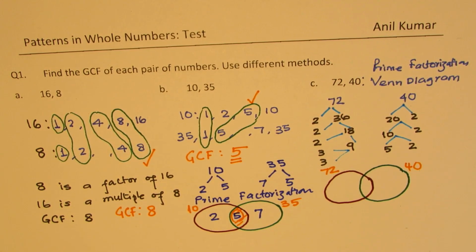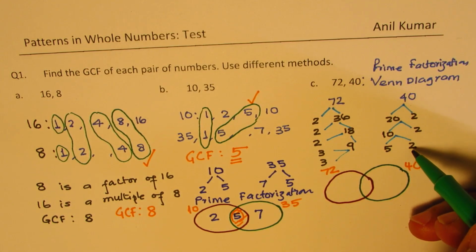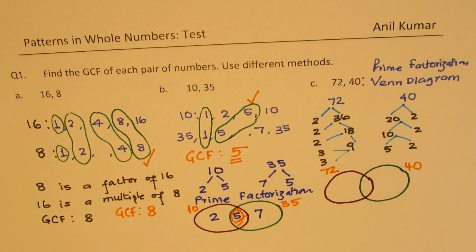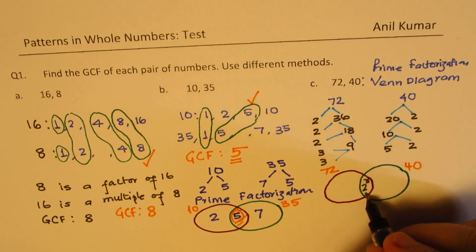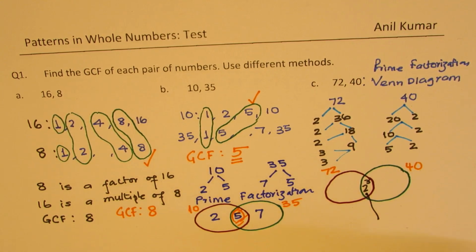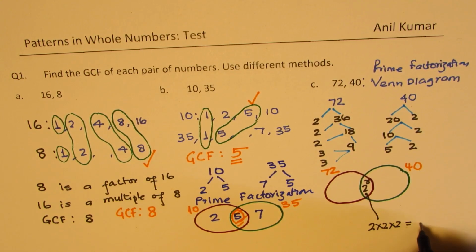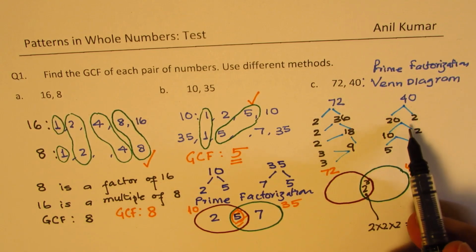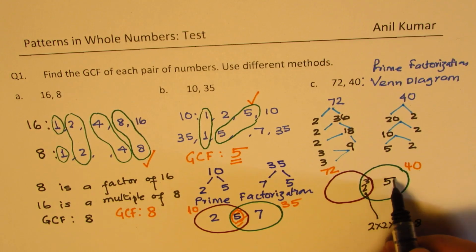We'll work with the common factors. How many 2's? 1, 2, 3 2's, 1, 2, 3 2's, right? So we could write this number 2 cube here. 2 cube is 8, right? So what I'm writing here is 2 times 2 times 2, which is 8. Do you see that? So we have already taken care of these 3 2's. We're left with 1 5 for 40.